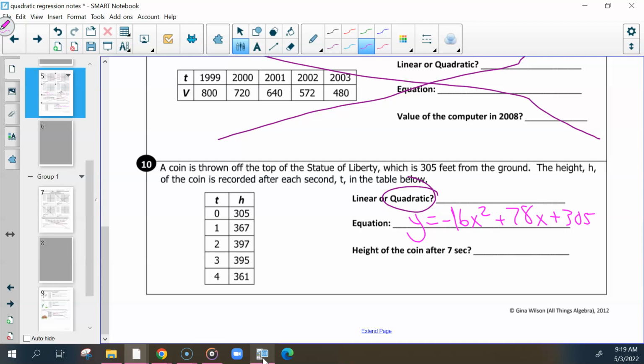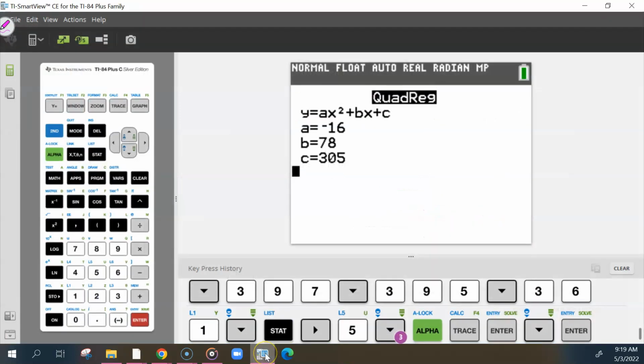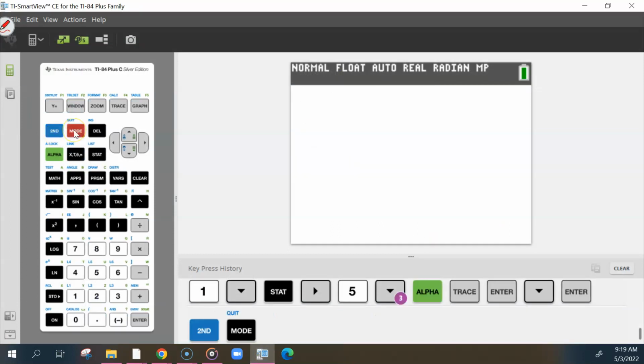To do the second part, the height of a point after 7 seconds, I'm going to go back to my main screen, the second mode. Because we stored that equation in our function, I want to change my x value to be 7. So I'm going to put 7, and then this STO, and then x.